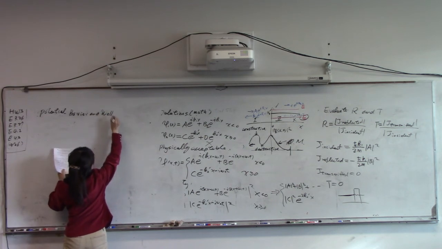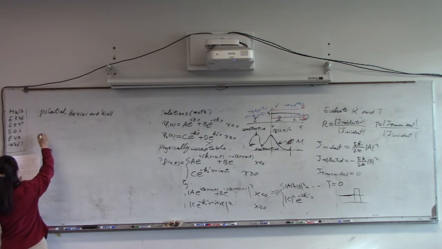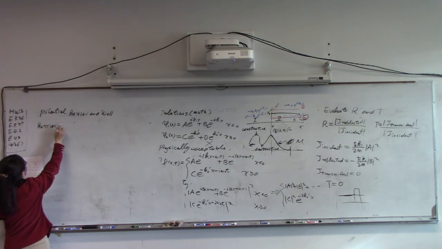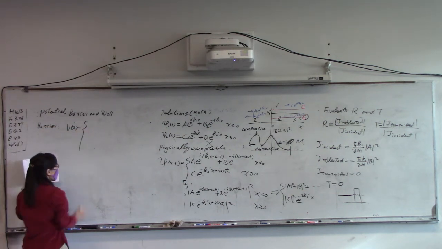It depends on whether the potential is positive or negative, right? So now let's first consider the barrier case. Okay, so now V(x), we have three regions.